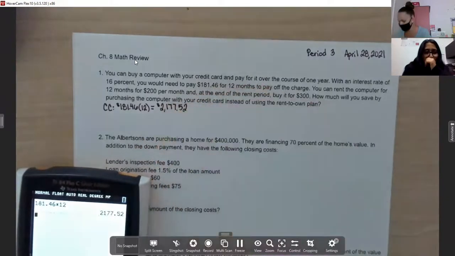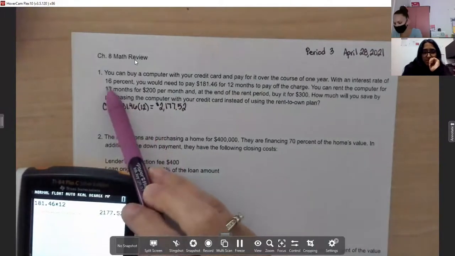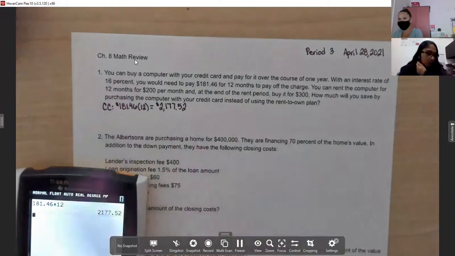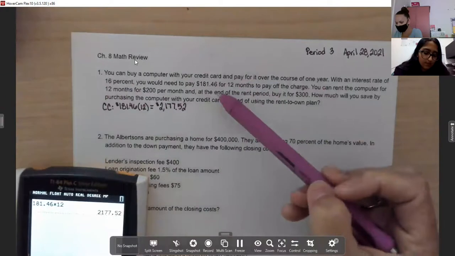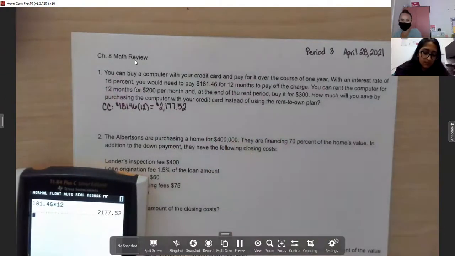So that's how much you would pay. Notice it tells you you're getting a credit card rate of 16%. That doesn't matter for what we're doing. The bank or the credit card company use that to calculate your payment, but they told you your payment, so you don't really care. That's just an extra number in this problem. So that's if we use the credit card.